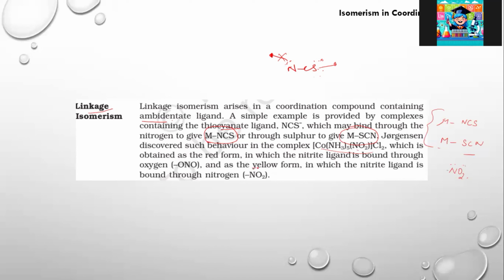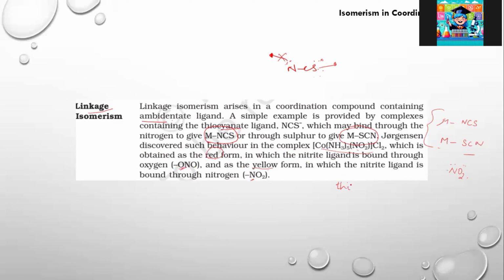Here, the difference in color is a physical property occurring because of the linkage isomerism. If the complex is red in color, that means the linkage is through oxygen. If it is in the yellow form, the nitro ligand is linked through the nitrogen. These are the examples of linkage isomers.